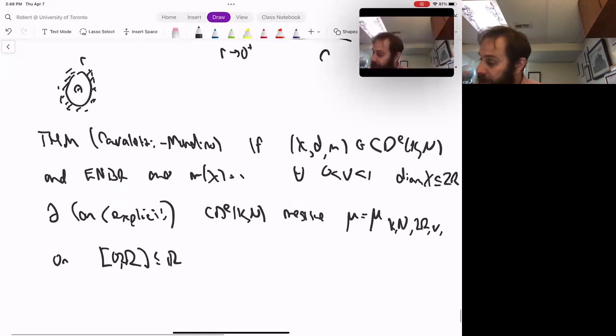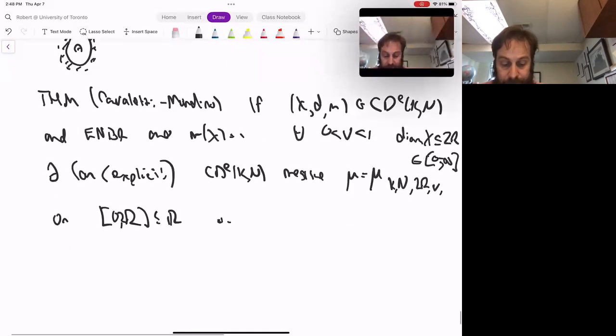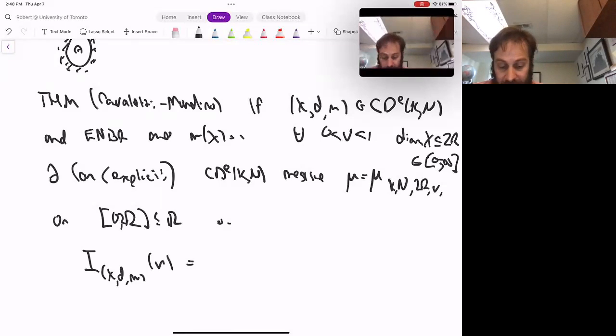R can be infinity here, so R can be between 0 and infinity. Such that, oh yes, what's sometimes called the isoperimetric profile of our metric measure space as a function of volume fraction. So this is the smallest surface area that any set of volume V can have.